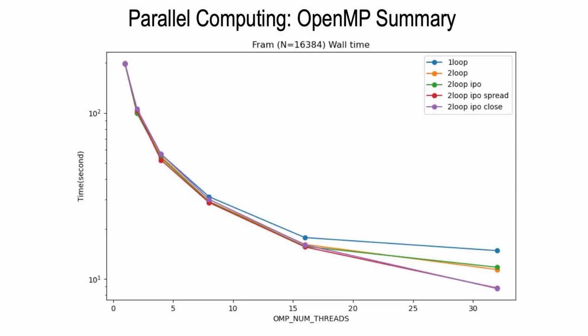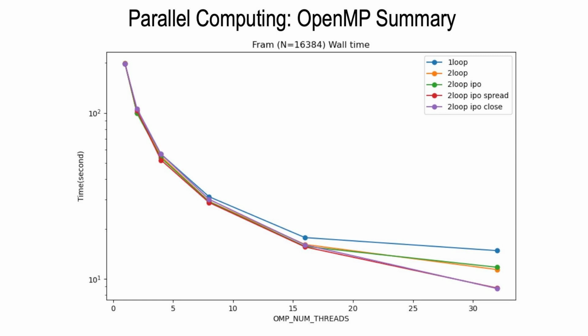The displayed figure represents the wall time for all tests on the Fram Linux cluster. Be aware that the wall time axis utilizes a logarithmic scale to facilitate easier reading of the data. The one-loop test showed the longest wall time with 16 and 32 threads, indicating the least efficient performance.